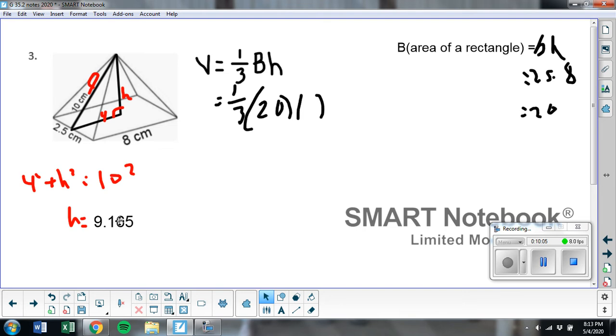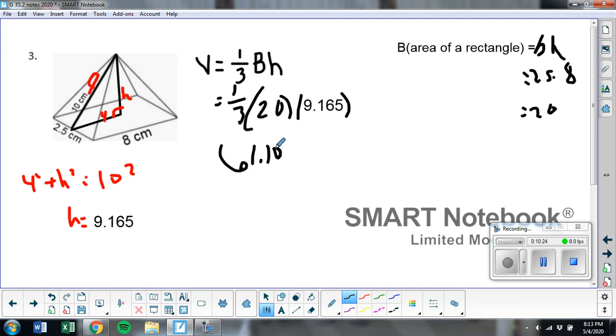That's the number I need. And so that's going to go over here for my height. And I'm ready to type this in to get my final answer of 61.1. Label is centimeters. Volume is cubed. Always got to circle your answer because there's a lot of work going on. Hopefully your work is about as organized as mine, maybe a little bit neater.